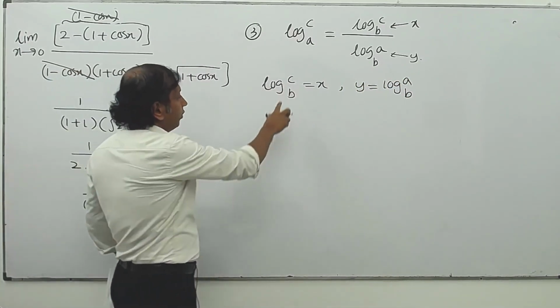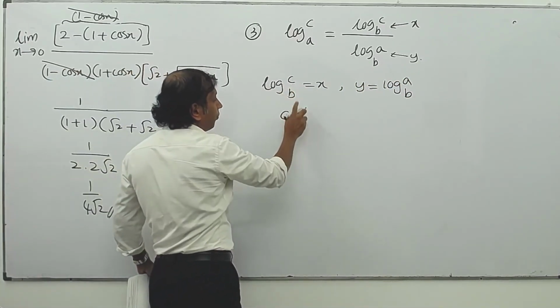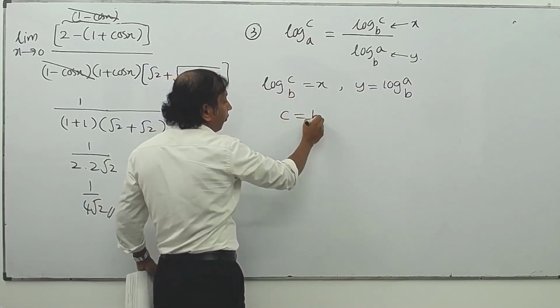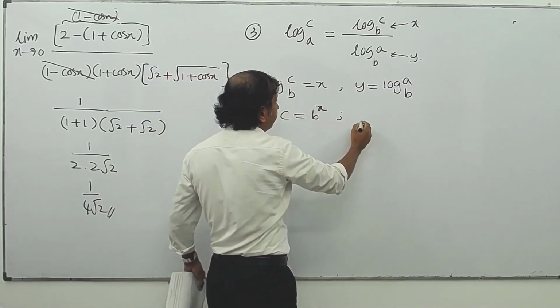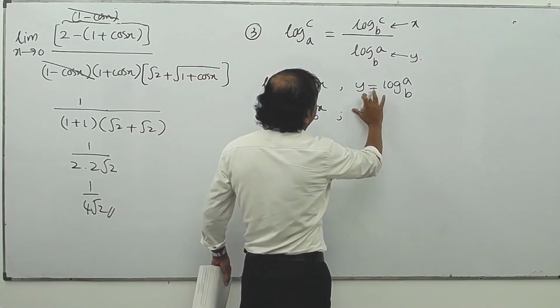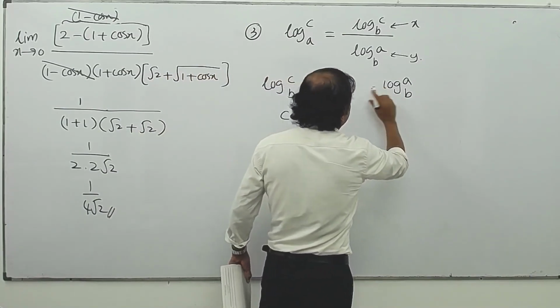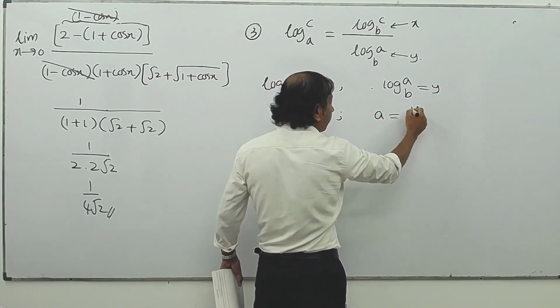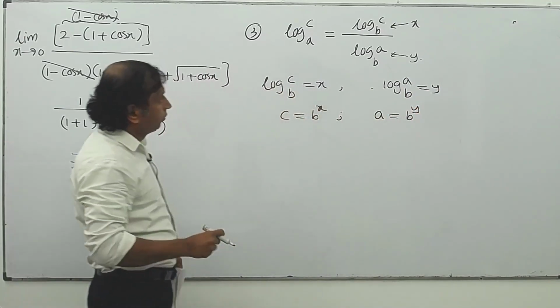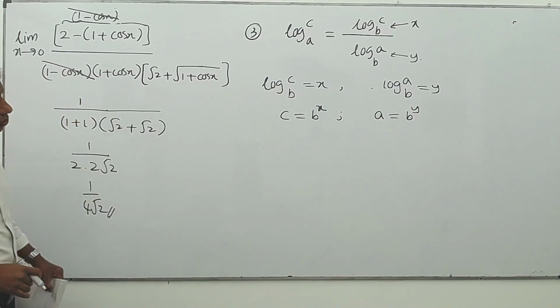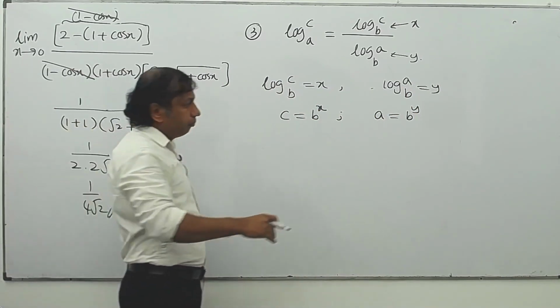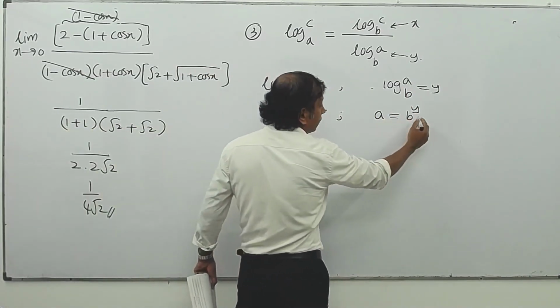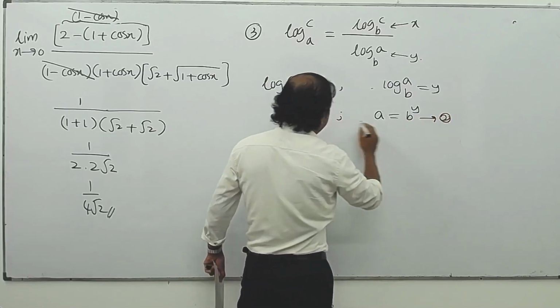Right, now we can convert this to index form. C equals b to the power x. A equals b to the power y. Right, now suppose this is 2, this is 1.